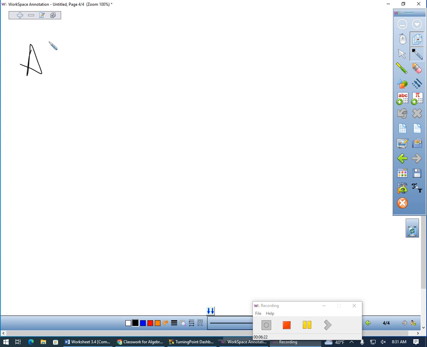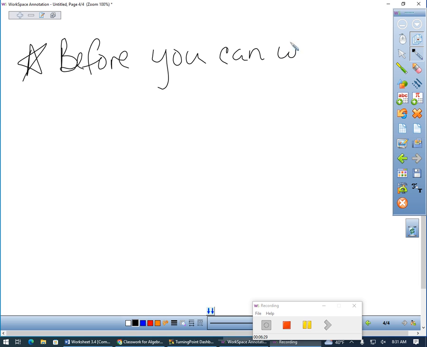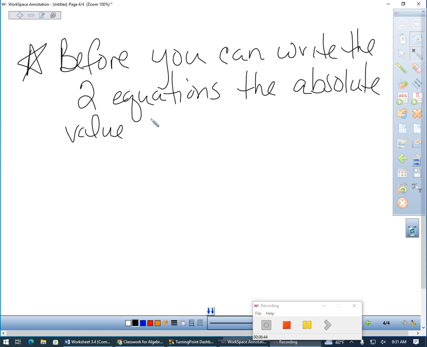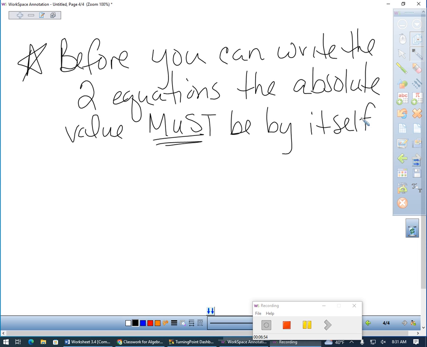So I want you to put a little star in your notes and say, before you can write the two equations, the absolute value must, and I'm going to have you underline the word must, be by itself. So here's example number 4.